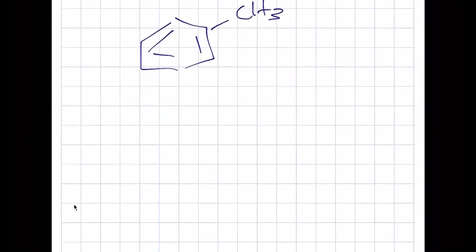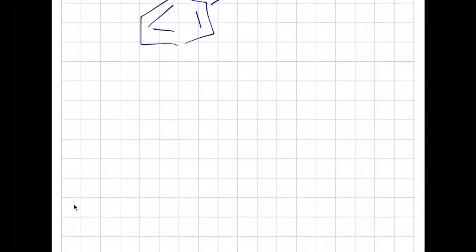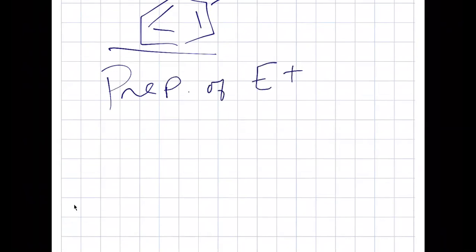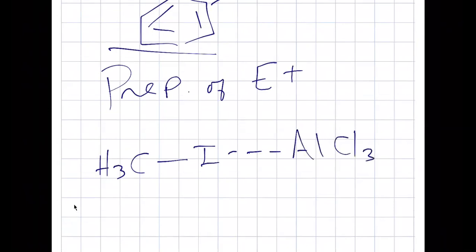You know, the first step is the preparation of the electrophile. So in this case, you have methyl iodide, and again, it's going to complex with aluminum, right?